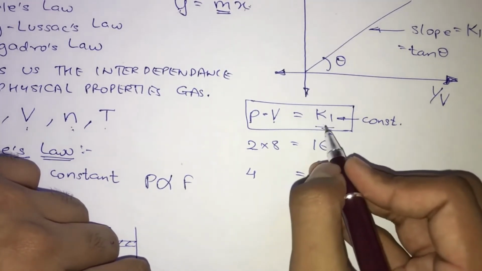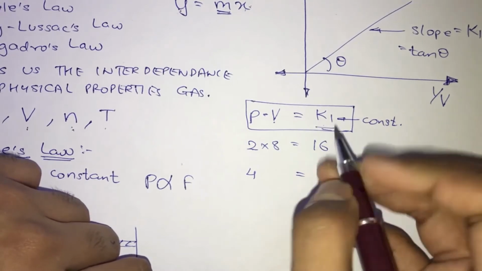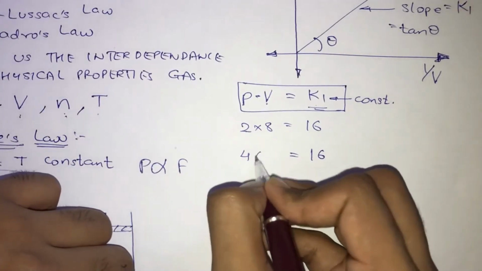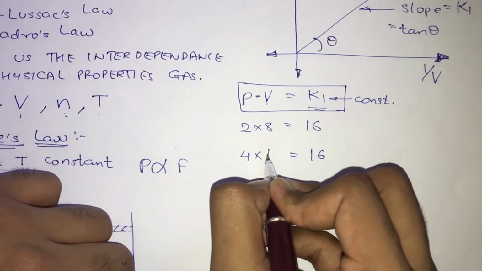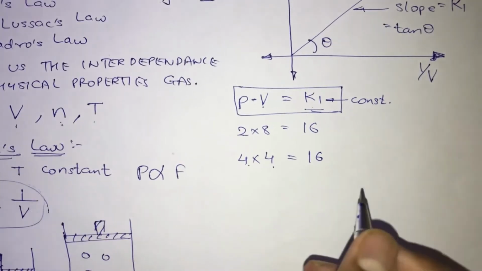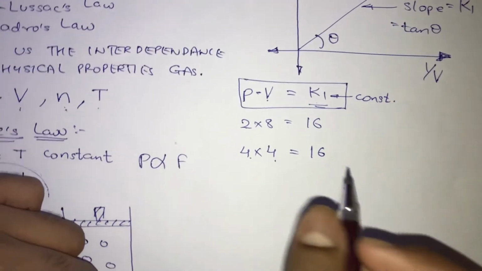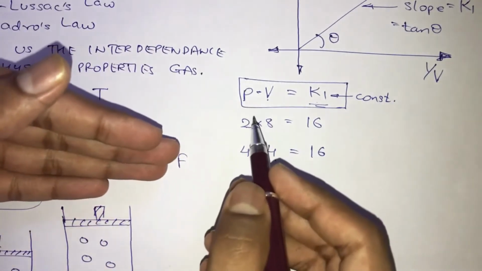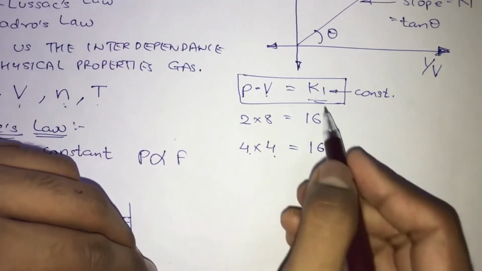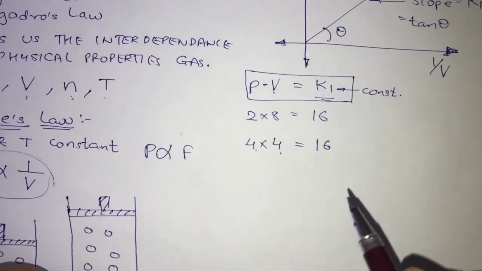The value of this constant K1 is going to remain 16 only. The only thing that is going to change is the volume. So volume will become 4 over here to give us 4 into 4, 16. So one thing that you have observed over here is that whenever pressure changes, the volume adjusts itself to get the same value of constant.